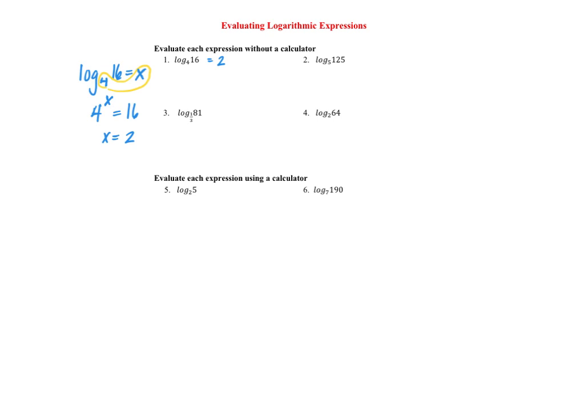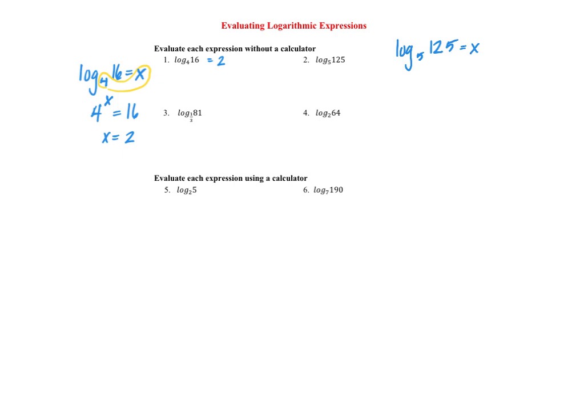Let's look at number 2 using the same strategy. I'm going to take that expression, log base 5 of 125, and I'm going to set that equal to x. Again, my goal is to figure out 5 to the what power equals 125.